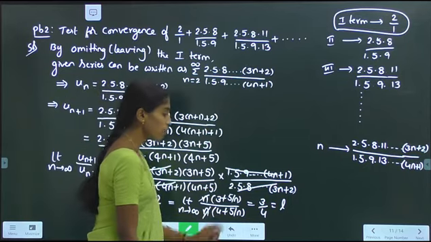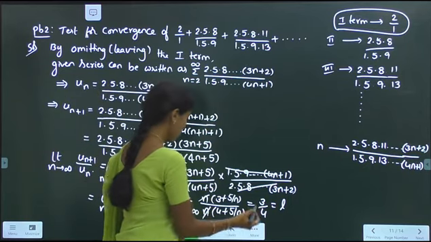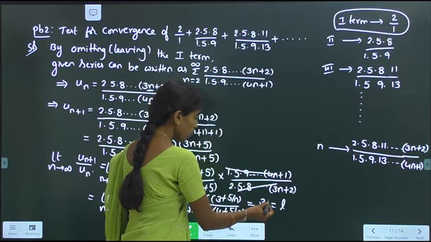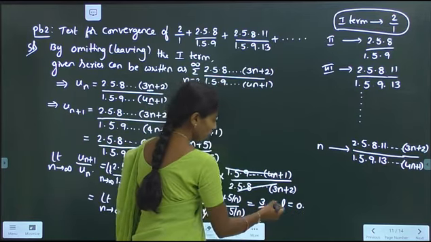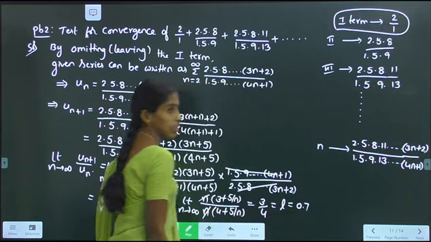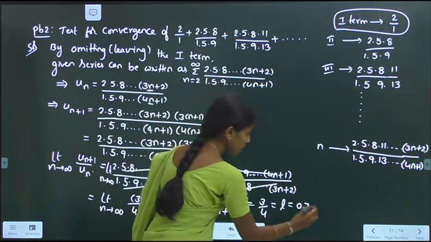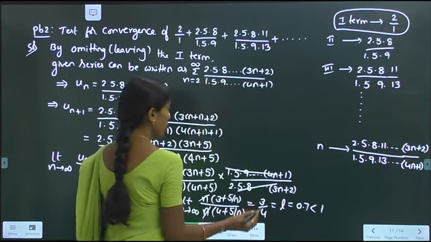So what is 3 by 4 value? Which is 3 by 4 means what is the value? 0.7, something like that, right? This value is less than 1.